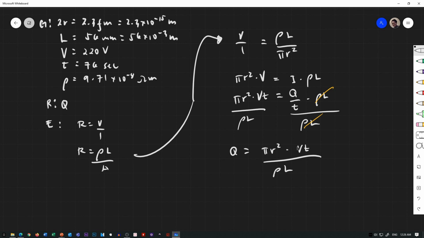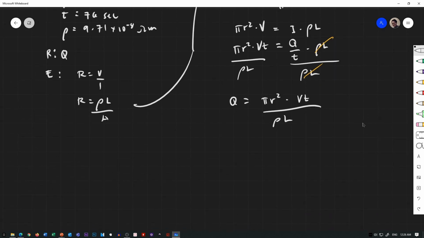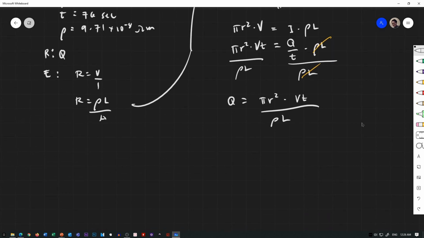So you can now proceed on substituting. Okay, so that will be Q equal to pi. Then we want to divide the value here first by 2 before squaring it, so I suggest you do that.